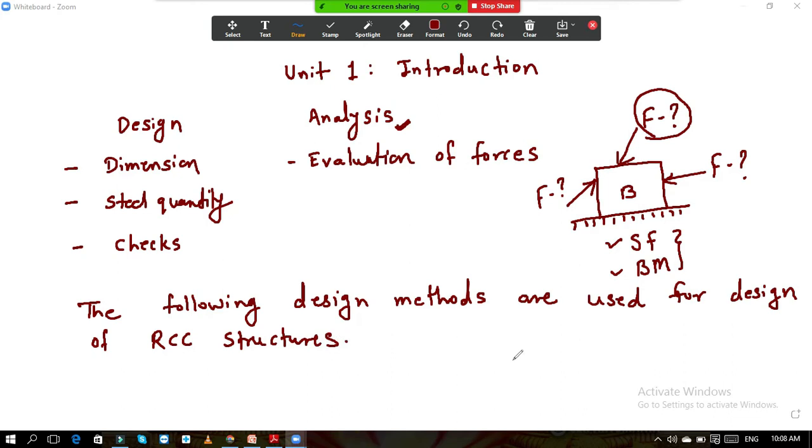Now we will see these methods. So the first method, working stress method.